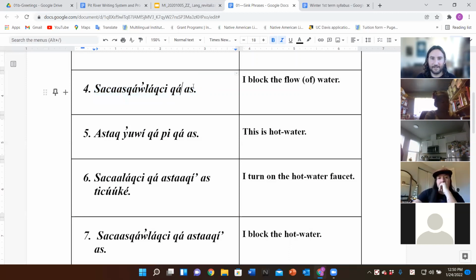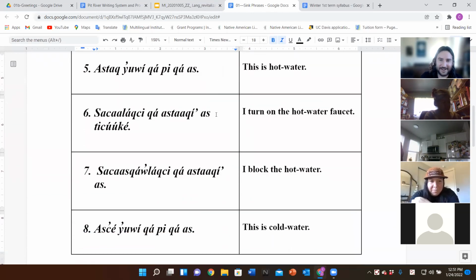Ga. Oh, yeah. And then Us is water. Okay. Say it one more time and I'll try to put it together, hopefully. Okay. So Saja Scout Lakji Ga Us. Saja Scout Lakji got us. Yay. Oops, yeah.